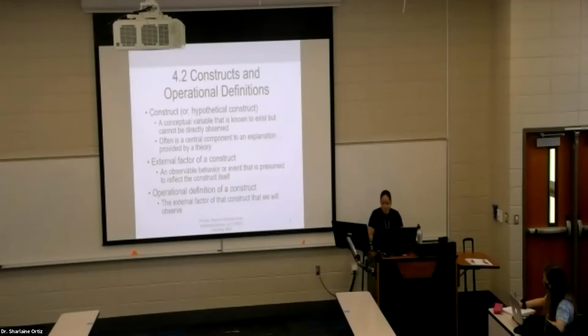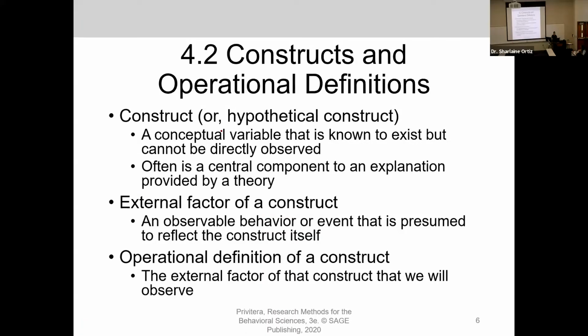Now, let's move on to our next definition. Because you've heard me use the term construct before, haven't you? Sure, at least one time, probably today, right? So a construct is used to describe what we are observing.